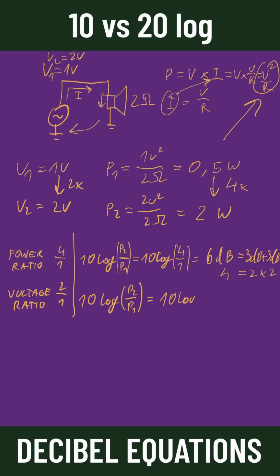So what we get is, continuing the equation here, we have V2 squared over R, the speaker load, speaker resistance, V1 squared over R, the same speaker resistance. So these two resistances or impedances, doesn't matter in this example, cancel each other out.